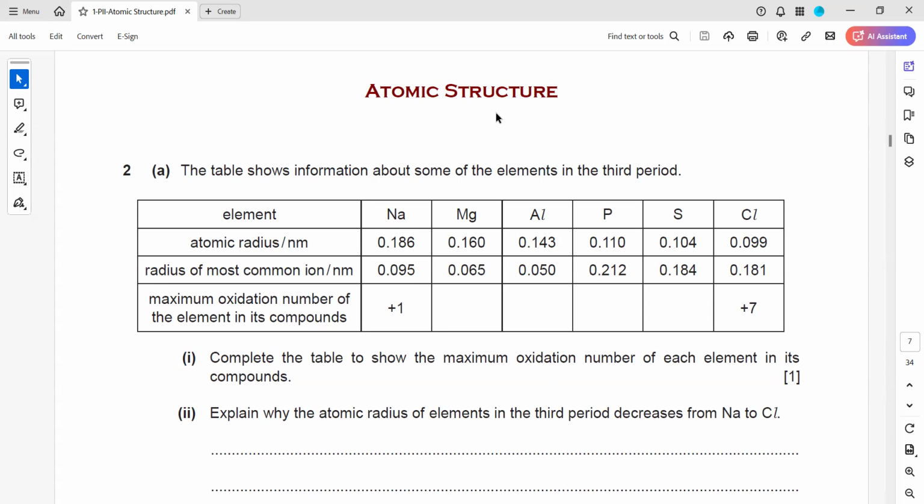Complete the table, maximum oxidation number. Look, oxidation number, the charge appeared. So this is group 2, so it will be +2. Group 3 will be +3. They're asking for maximum. Remember from IGCSE what we have discussed. The oxidation number is the charge that appears on the atom when it forms a compound.